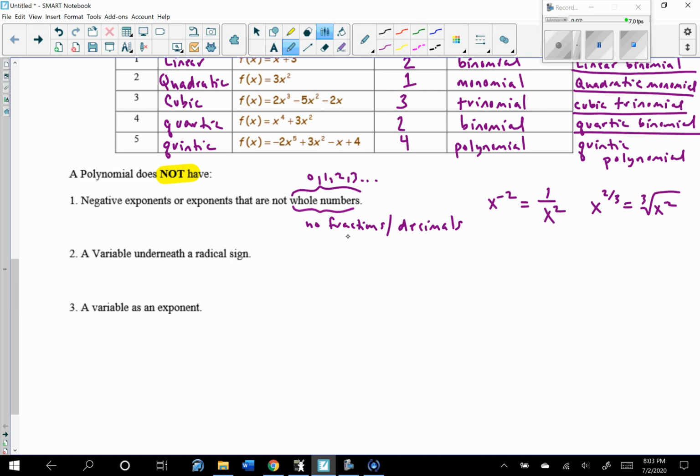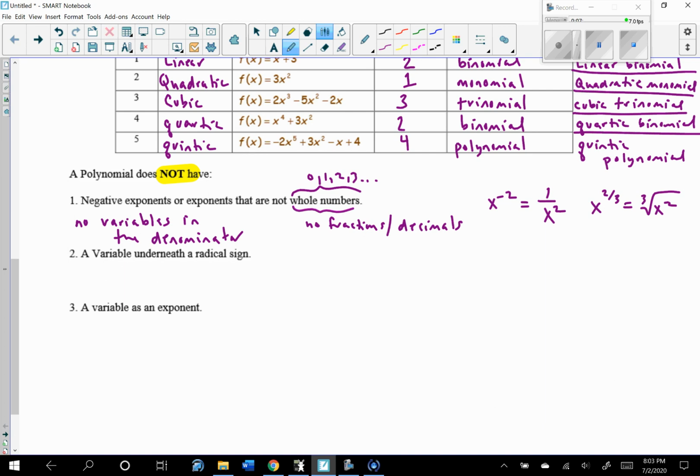Which means then if we can't have that, there are no variables in the denominator. So we can't have a variable underneath a radical sign. So that was over here.